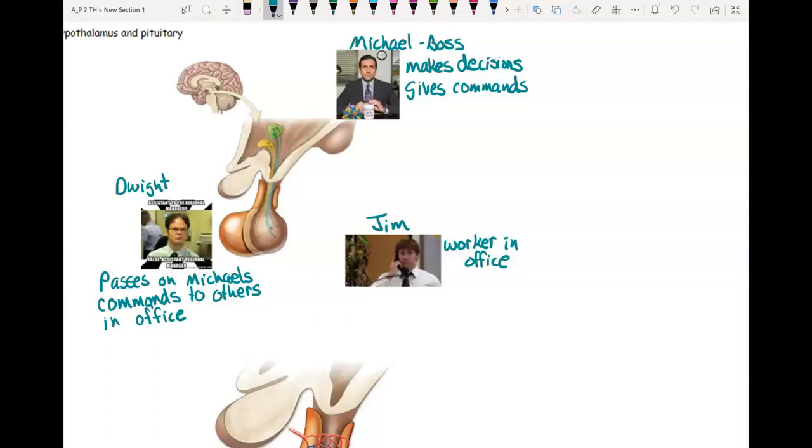Some of your endocrine system is set up like the office. You have your hypothalamus. This is the part of your brain that makes decisions. And it gives commands.